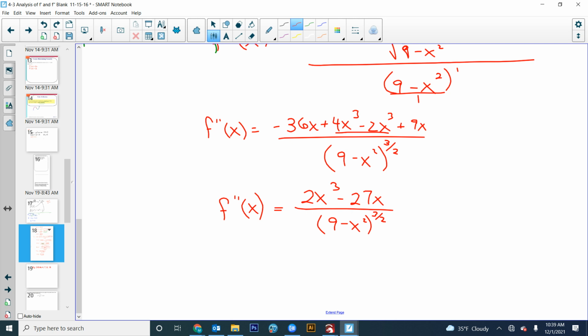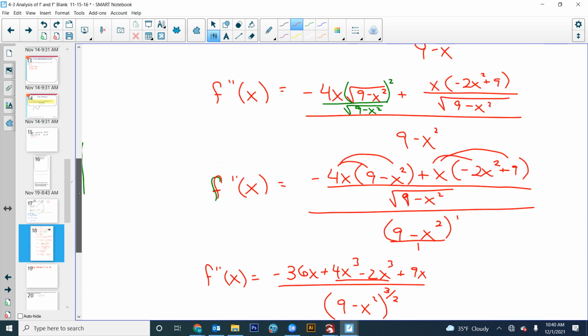Oh, that's just beautiful. Beautiful. If we factor out a GCF, just of x, we have x times 2x squared minus 27. Very straightforward, I'd say. That's the second derivative.